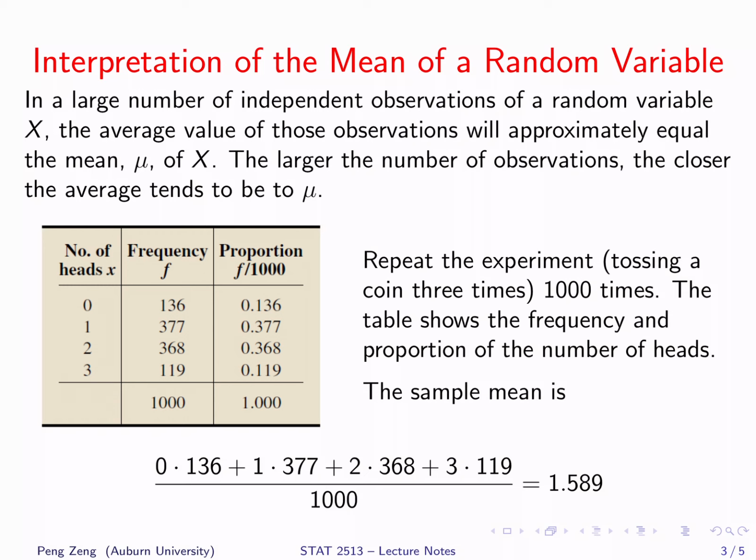For example, repeat the experiment of tossing the balanced coin 1,000 times. Notice that one experiment is to toss the coin 3 times. Repeat the experiment 1,000 times, and we essentially toss the coin 3,000 times in total. The table lists the frequencies of the number of heads out of the 1,000 experiments.